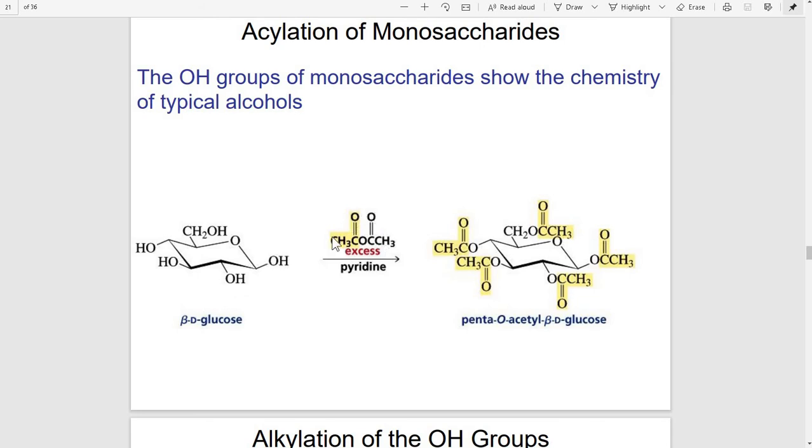Okay, when we add acetic anhydride in excess, all the hydrogens are removed and the C=O CH3 group is attached to the oxygen.